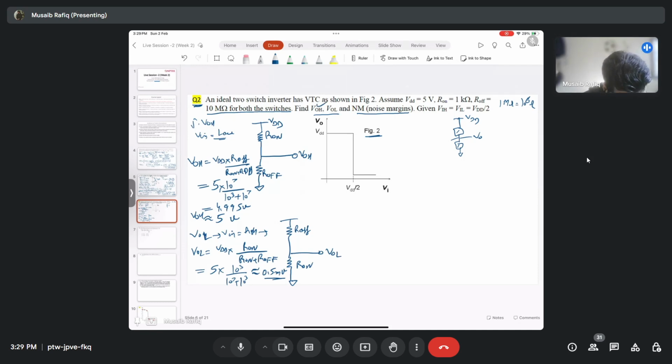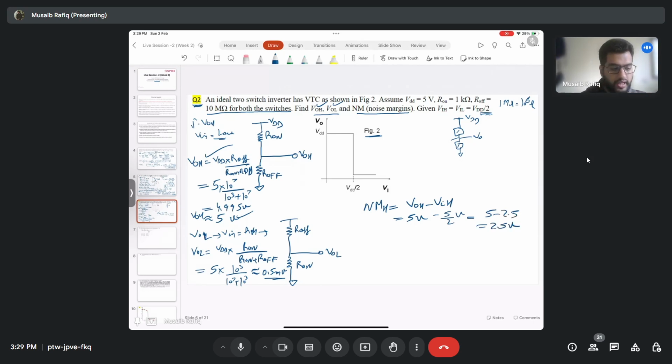So we have the VOH with us, we have the VOL with us. Now we need to find the noise margin. Noise margin high we'll first find, which is equal to VOH minus VIH. VOH is approximately equal to 5 volts, and VIH is equal to VDD by 2, that is 5 by 2 volts, so 5 minus 2.5 is approximately 2.5 volts, right?